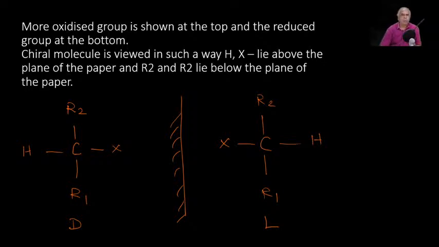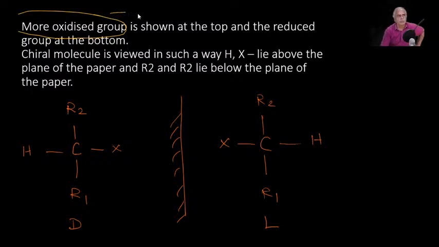So please note down what the oxidized group is. The oxidized group here is R2, is it not? So this is the R2 group. Got it? That is why I have written at the top. What are the oxidized groups?